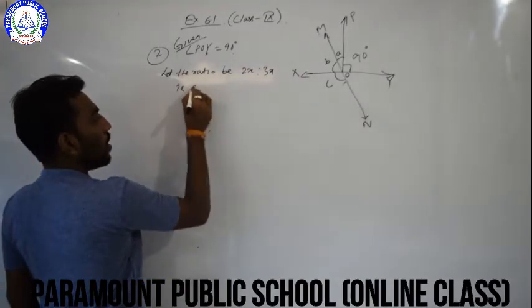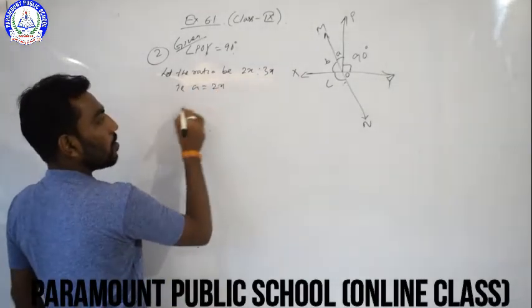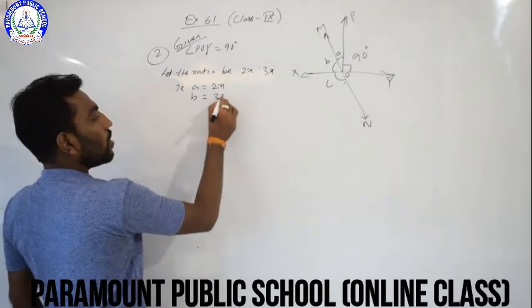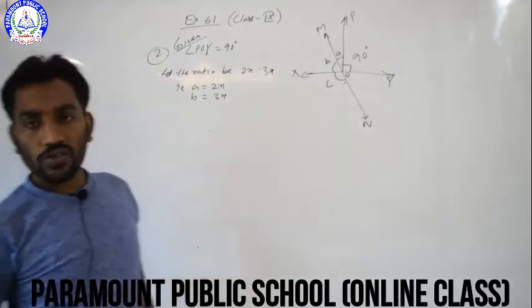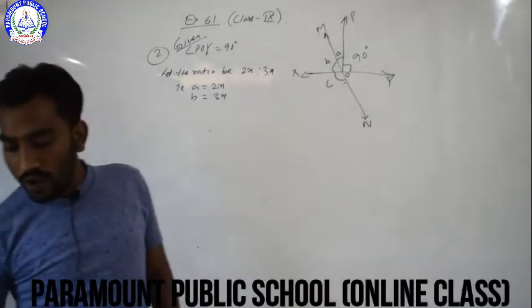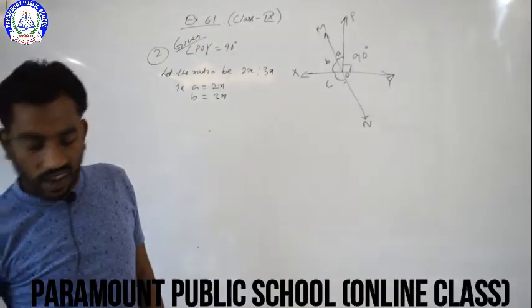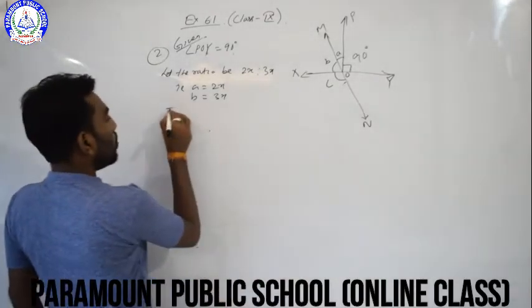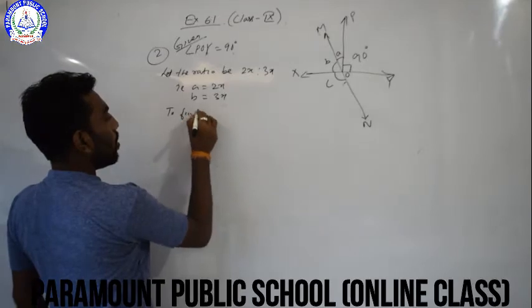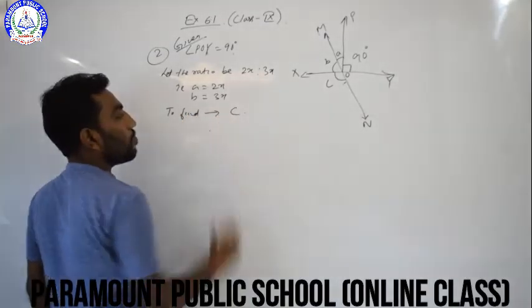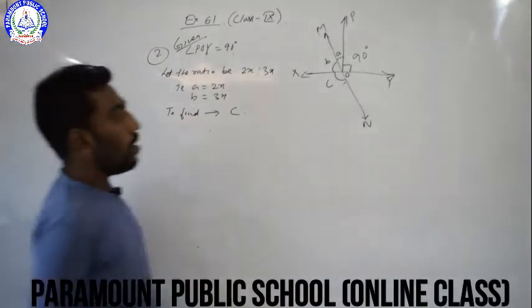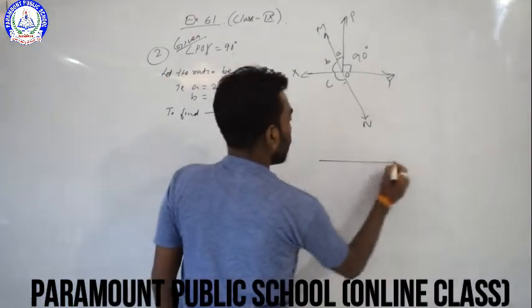That means our A is equal to 2x and B is equal to 3x. Okay, student? Now we have to find the value of C.